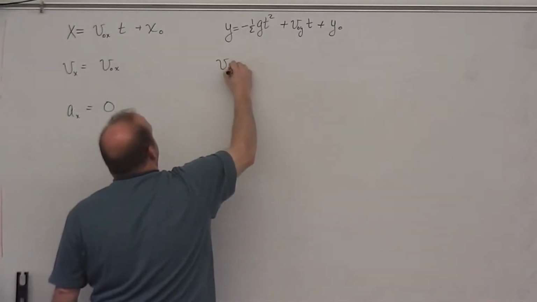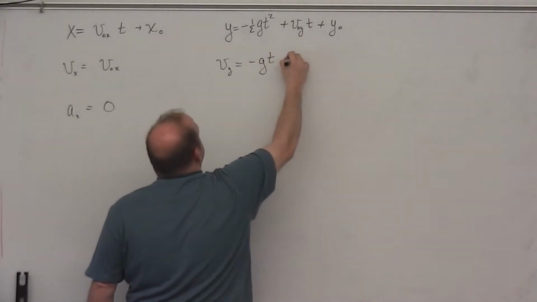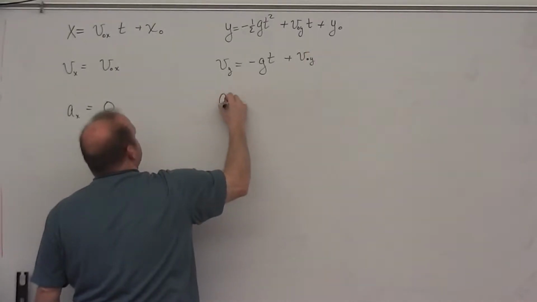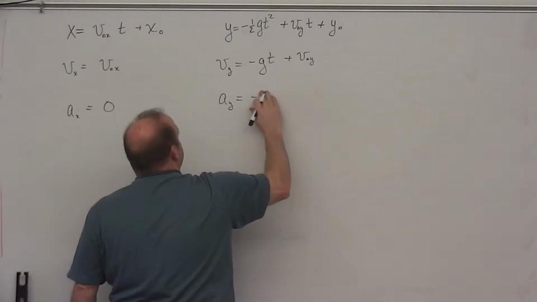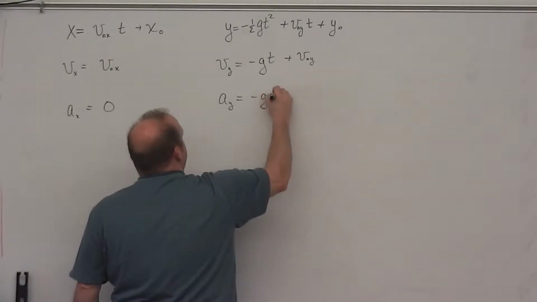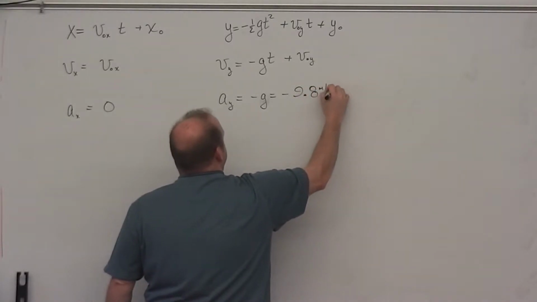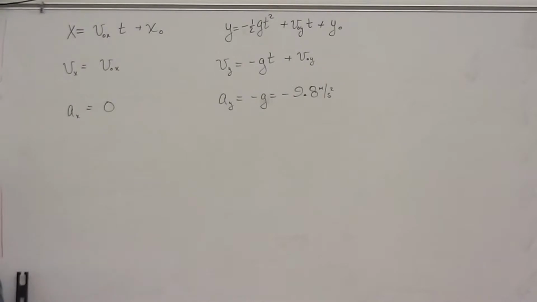My velocity in the y as a function of time was equal to negative gt plus v0y, and my acceleration in the y was equal to negative g, which is equal to negative 9.8 meters per second squared. We're not going to make it 9.81. 9.8 works just fine. Okay?